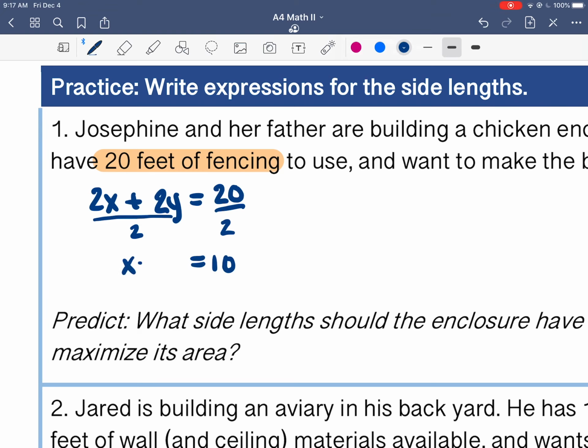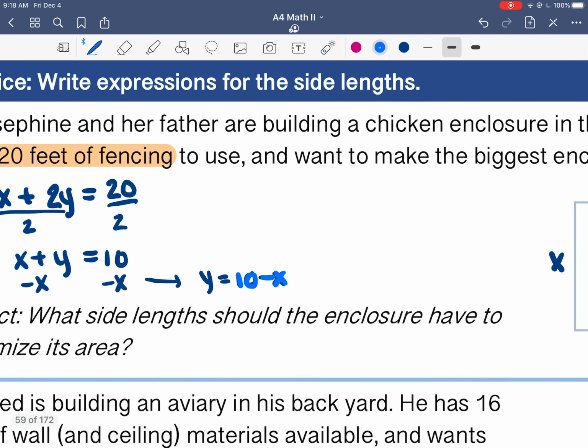That gives me x plus y equals 10. And then to get the y by itself, I'm going to take away x on both sides. And we'll get y equals 10 minus x. So we now have this same expression that we got earlier for that long side of the rectangle.